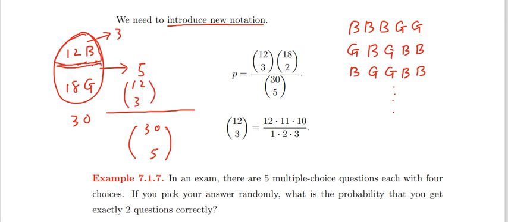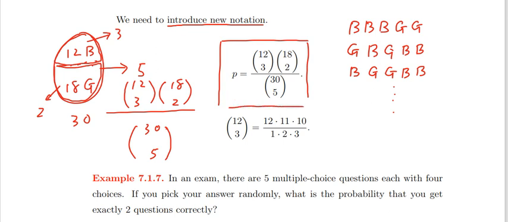And from the 18 girls we pick 2 girls, so from 18 pick 2. So the probability equals this number: the total ways is from 30 pick 5, and the favorable ways are from 12 boys pick 3 and from 18 girls pick 2.